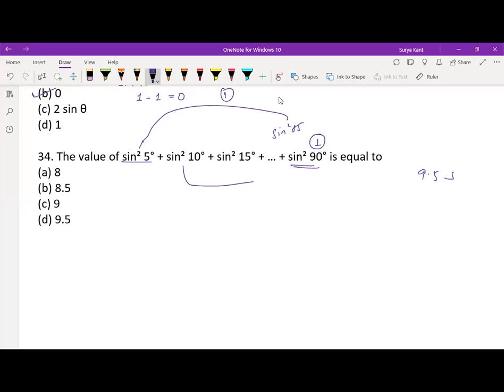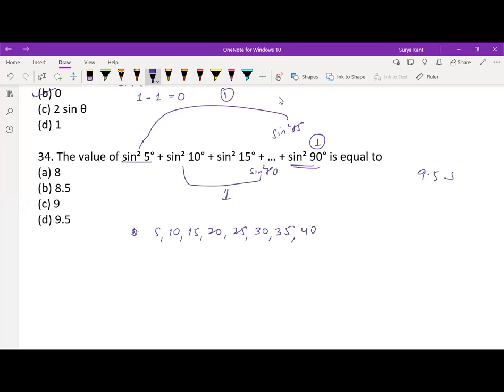Again, sine square 10 and sine square 80 become 1. So for 5 it will come, for 10, 15, 20, 25, 30, 35. Till where should we go?